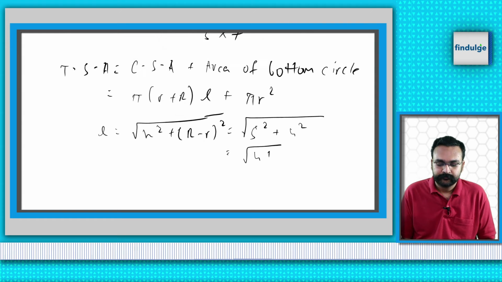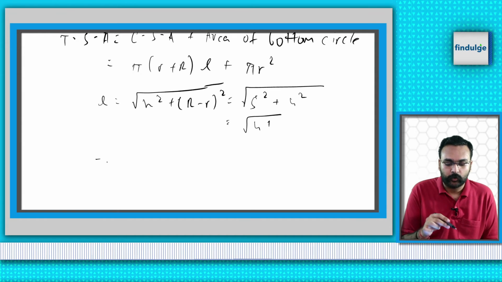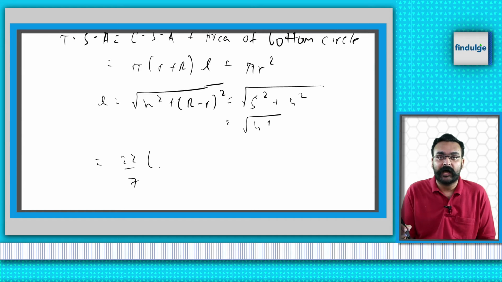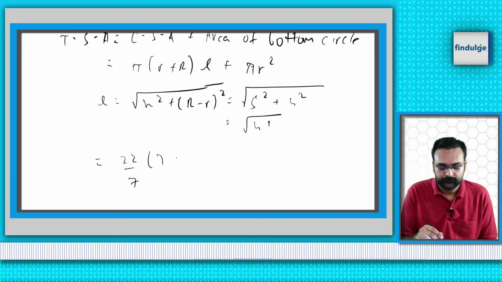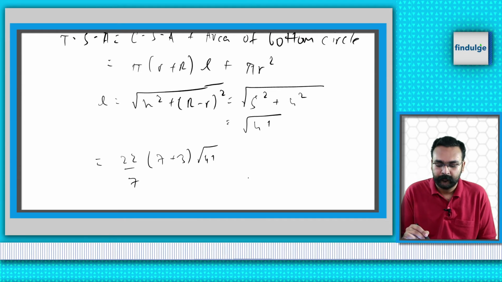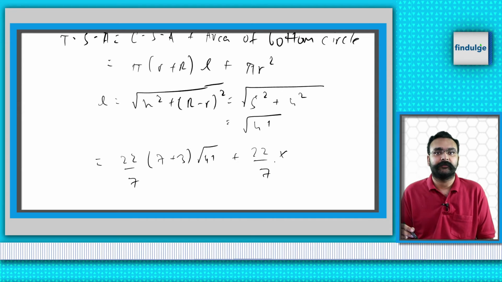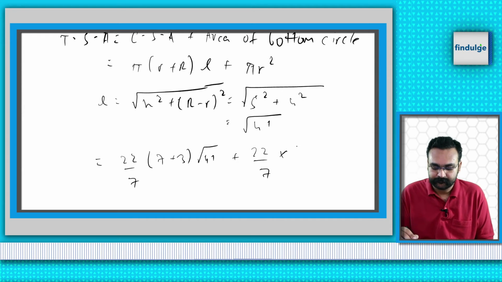And so we get that our total surface area is equal to 22 by 7 into R plus r, which we know is nothing but 7 plus 3, into L, which is root 41, plus pi r square, r being the smaller of the two, so that's nothing but 3 into 3 or 3 square.